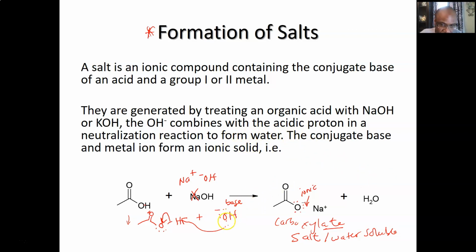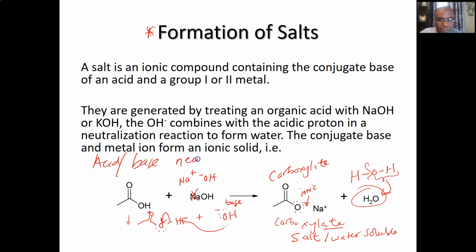Now, the OH that takes out the hydrogen makes H2O because now you have two hydrogens on the structure. This used to be OH, now it accepted the hydrogen, now it's water. So you make what's called a carboxylate. So carboxylic acid can play a role in acid-base neutralization reactions.